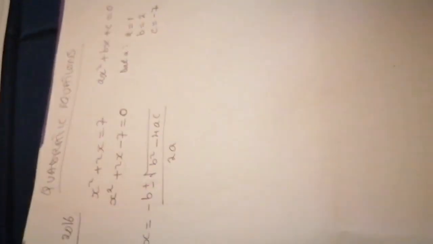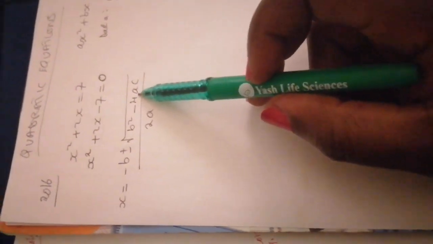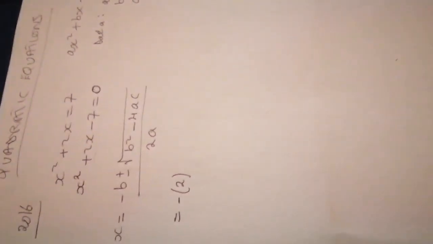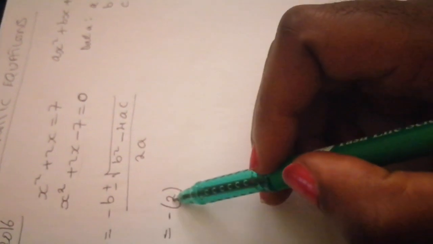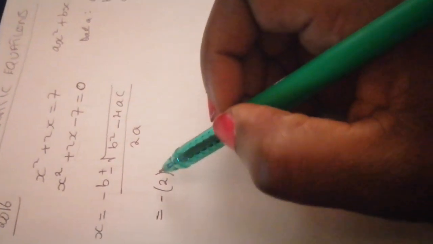So after identifying those figures, you can now substitute the variables we have in the formula with those figures. So we have this negative, then we are saying b is 2. In this case, b is positive, so it will just be like that. If it was negative, I was going to have this negative here, and then in brackets I would have negative 2. But here we have positive 2, so it's going to be like that.